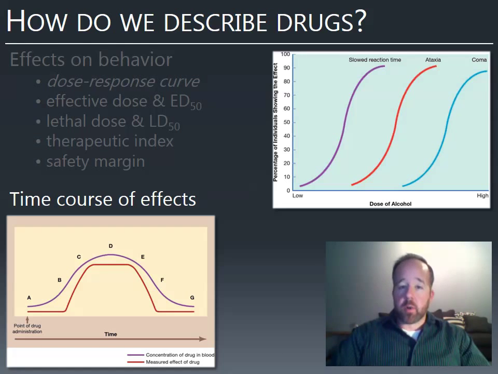So you can have this sort of quick increase in the behavioral effect with just a small increase in dosage. So it's not just that you can estimate the effects on behavior by looking at the concentration in the blood. And this works both as the drug becomes more concentrated in the bloodstream, as the drug starts to take effect, and as it starts to go away, as the body metabolizes it or gets rid of it. So we can have these nonlinear effects over time.